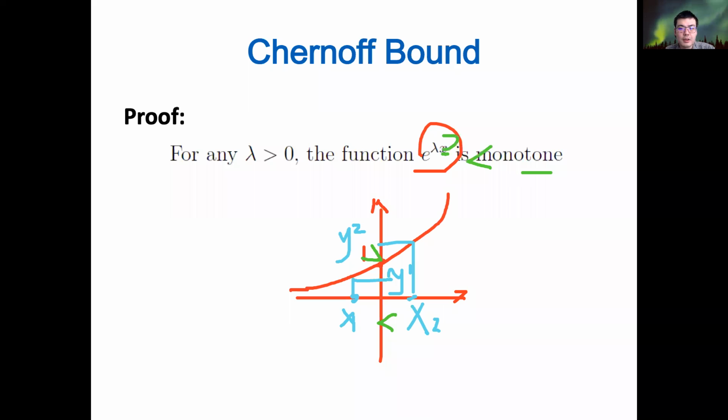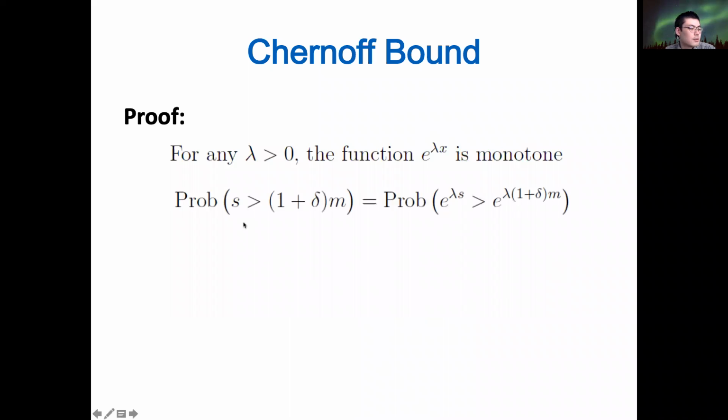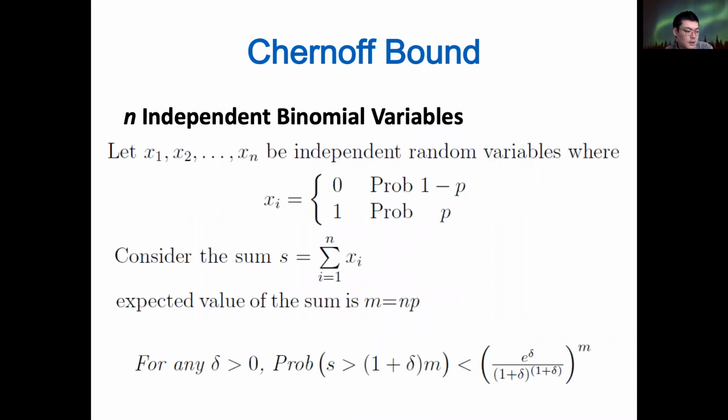I hope you can see. So for this reason, we can apply it to the left hand side and right hand side, and we get e to the power of lambda s on the left and e to the power of lambda times the right hand side. The reason we are doing this is because we really want to construct such an exponential component.